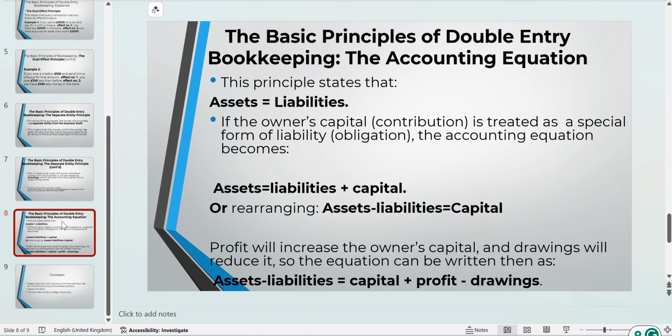Profit usually will increase the owner's capital, and drawings will usually reduce the owner's capital. So the equation can then be rewritten as assets minus liabilities equal capital plus profit minus drawings. So what increases the capital is profit. What reduces the capital is drawings.